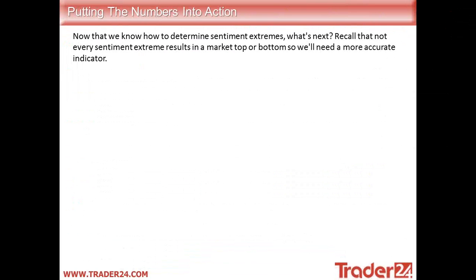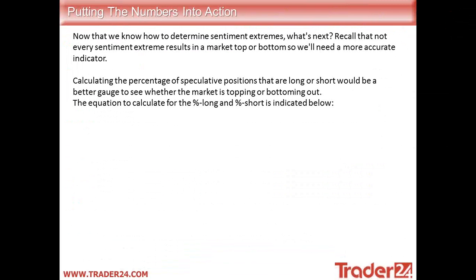So let's put some of these numbers into action here. There's obviously a couple of different ways we can do it. Now that we know how to determine sentiment extremes, what's next? If you recall that not every sentiment extreme results in a market top or bottom, we'll need a more accurate indicator. Calculating the percentage of speculative positions that are long or short would be a much better gauge to see whether the market is topping or bottoming out.